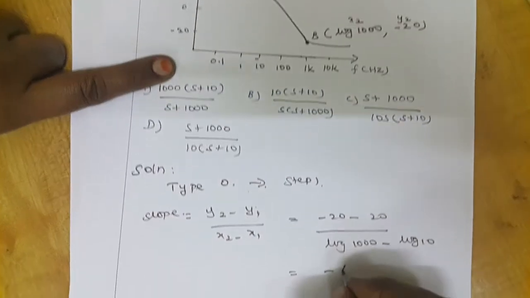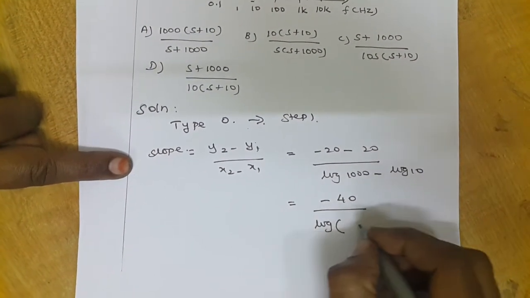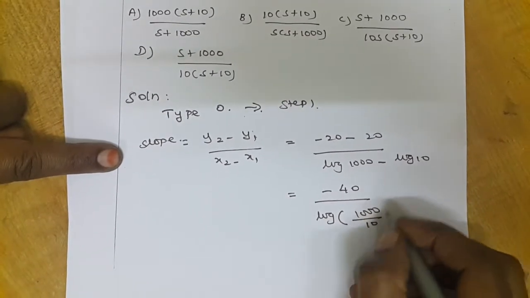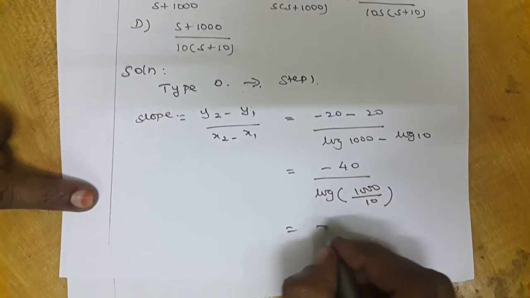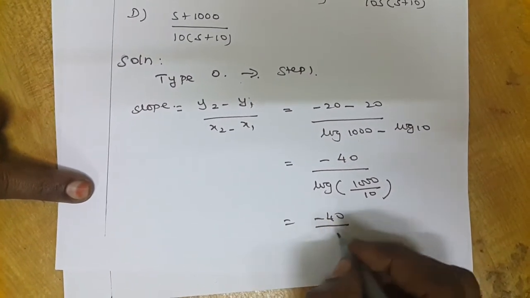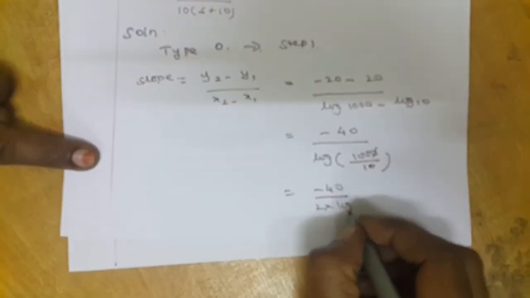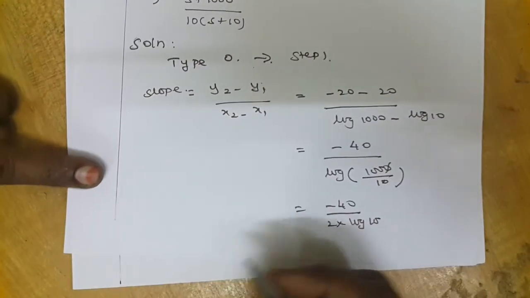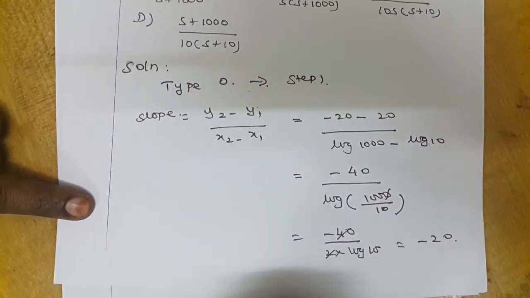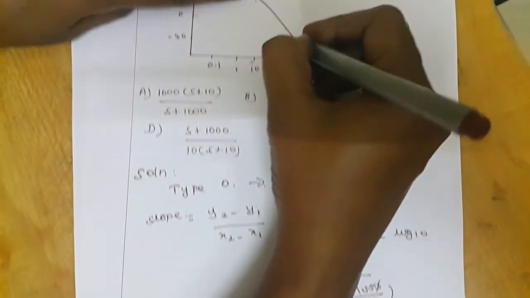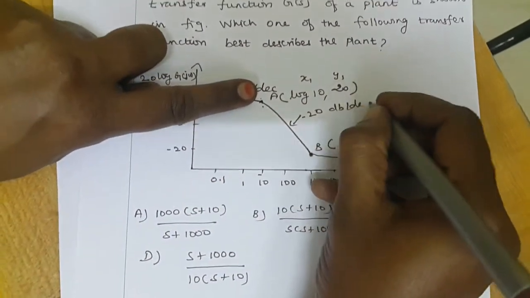That is equal to minus 40 divided by log of 1000 by 10. Log 1000 minus log 10 can be written as log 1000 by 10, which is log 100, and it can be written as 2 log 10. Log 10 is 1, and we get minus 20. So the slope between point A and B is minus 20 dB per decade.